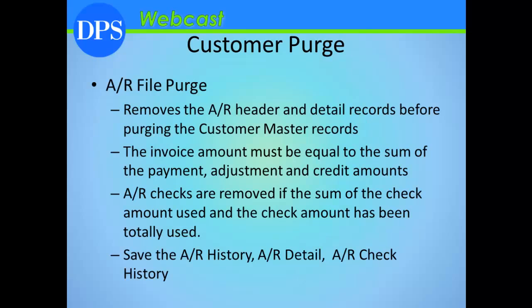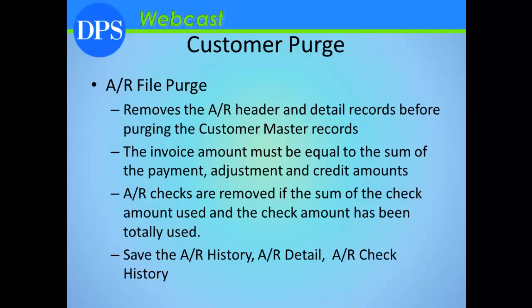Before we can do our AR customer purge, we must first clean up our AR files. So we must first do an AR file purge. This removes the AR header and detail records. The invoice amount must be 0 or equal to the sum of 0, less your payments, adjustments, or credit memos.